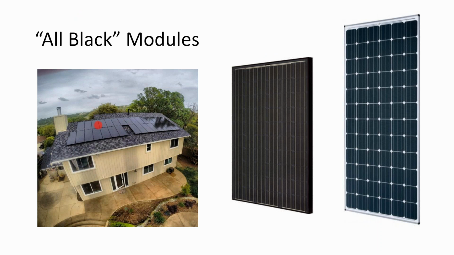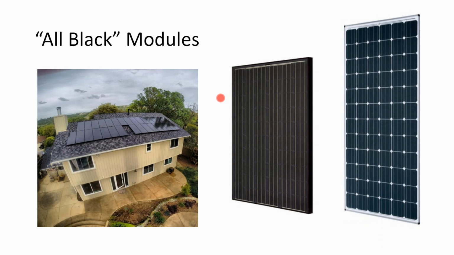When you get an all black panel, there are variations of all black. With the low budget all black, you get these grid lines that you can still see on the panel, although the further away you get from the array, the more they kind of vanish.